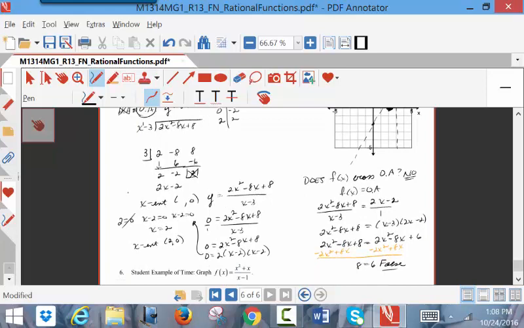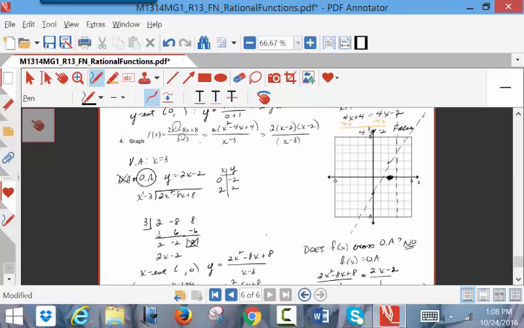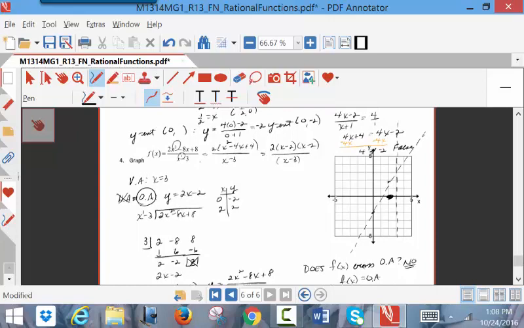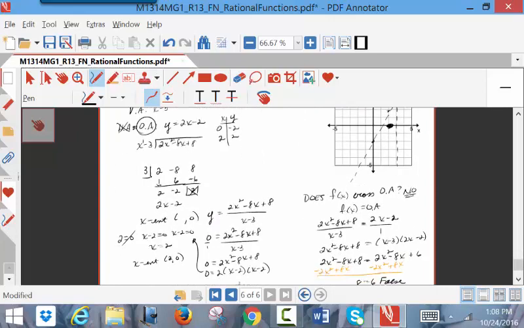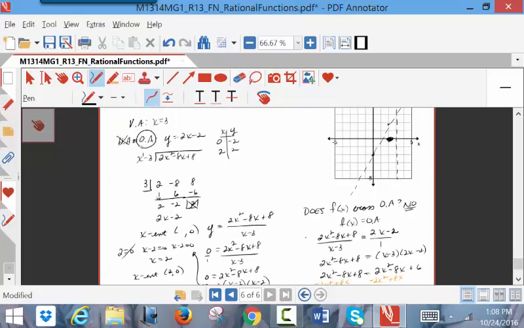So now what we do is we go to our calculator, being sure that you put the numerator in parentheses and the denominator. Graph it and follow along with what you have graphed so far, your guidelines, your asymptotes, and your points. Okay, and we forgot to do the y-intercept, didn't we?